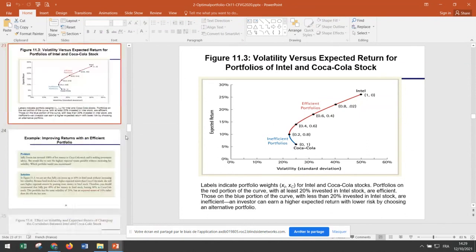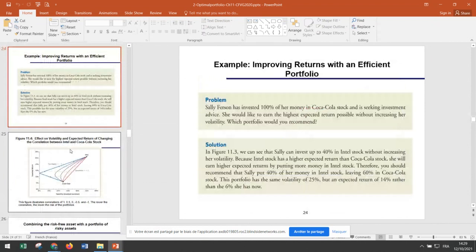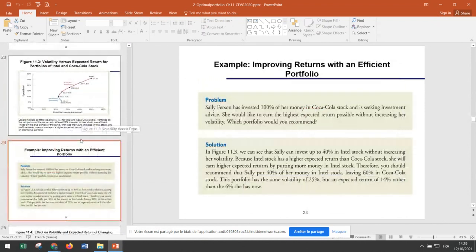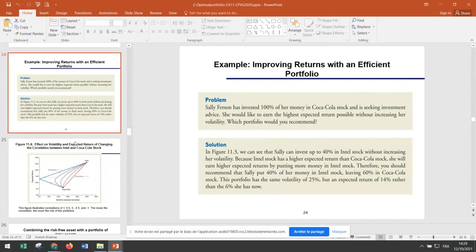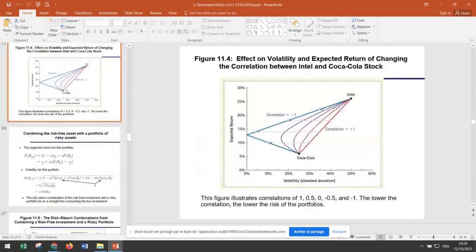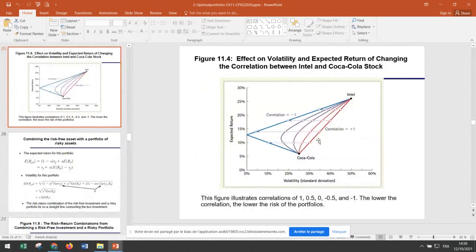So that is how you should know how to modify and improve your portfolio returns by finding the efficient portfolios. This is the one I'm talking about. When the correlation is equal to 1, you wouldn't get any diversification benefits, because the more return you want, the higher volatility you're going to bear.